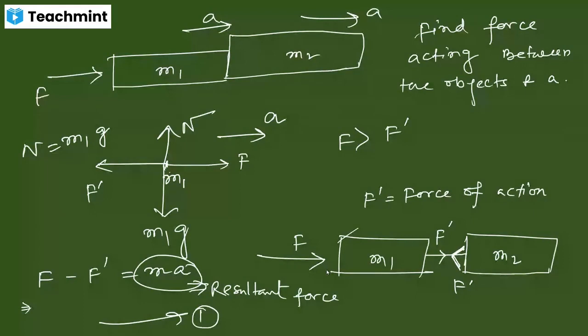So now we are going to draw the free body diagram for M2. So on M2, who is applying the force? M2 is connected with M1. So on M2, M1 is applying the force. The force of action which is applied in this direction is F dashed.